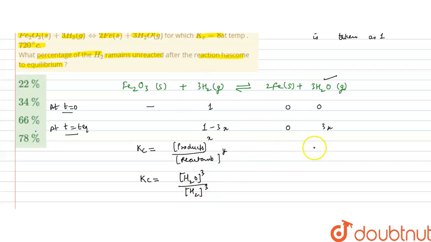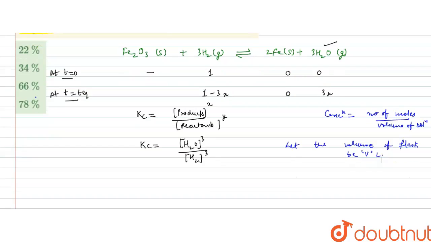Now concentration is calculated as the number of moles divided by the volume of the solution or the flask in which the reaction is taking place. Let's say the volume of the flask or vessel be V liters.